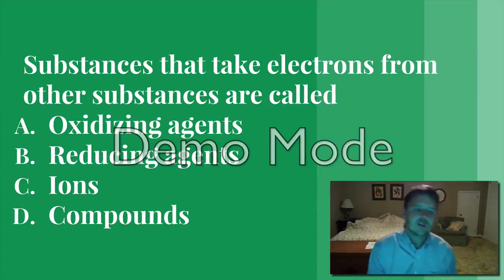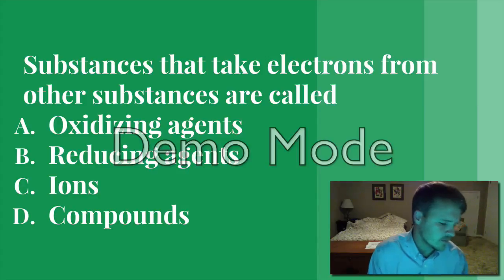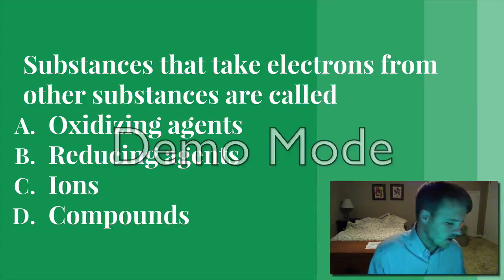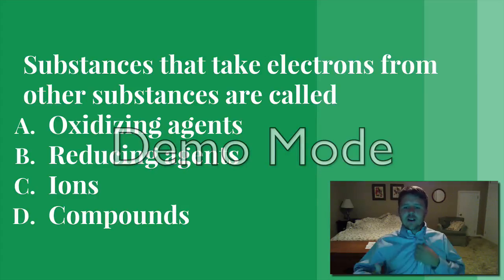Substances that take electrons from other substances are called what? Let me make sure I get this right. Yep. The oxidizing agent. So the oxidizing agent is what takes electrons from other substances.